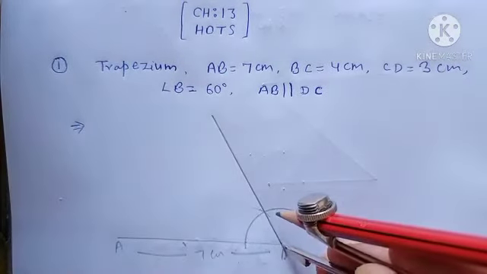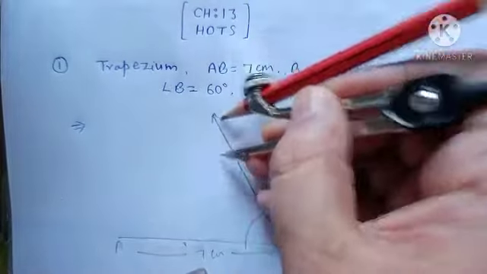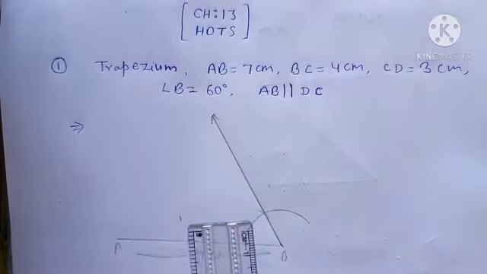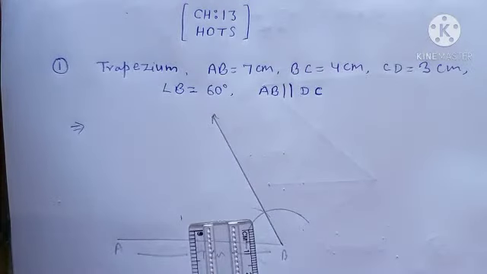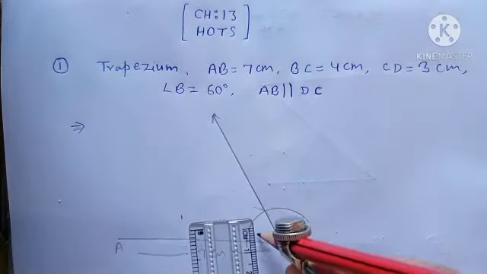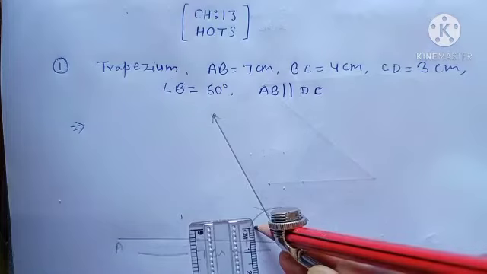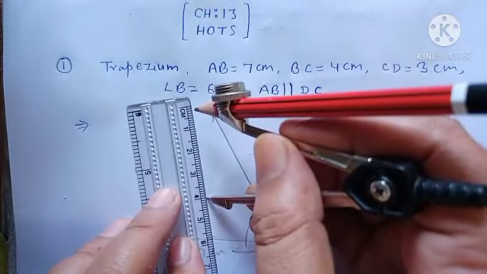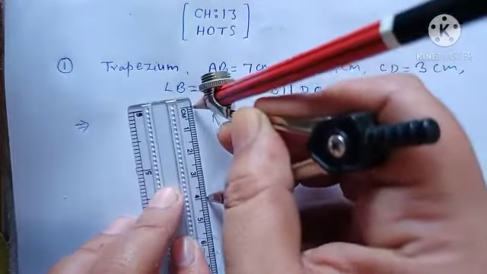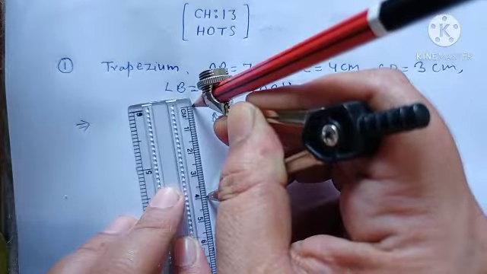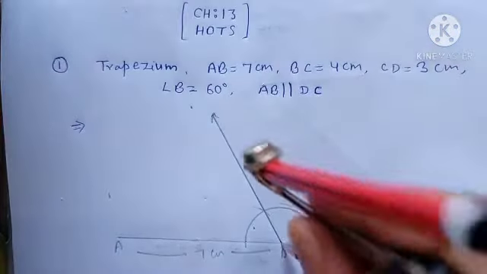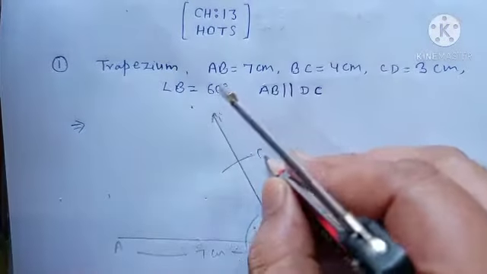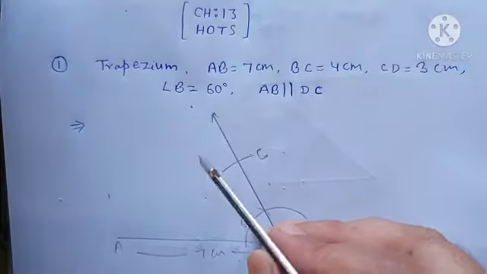So we have to cut off this ray at 4 centimeter. So we have to cut off BC which is equal to 4 centimeter. Here you can see BC is equal to 4 centimeter. So this point is C. Now you can see this angle is of 60 degree.